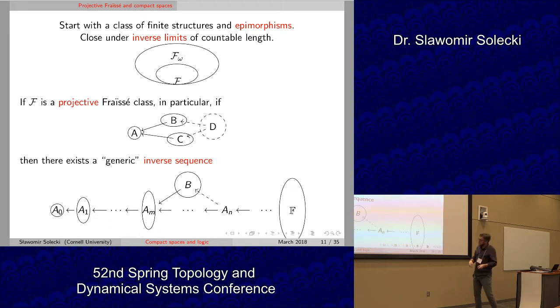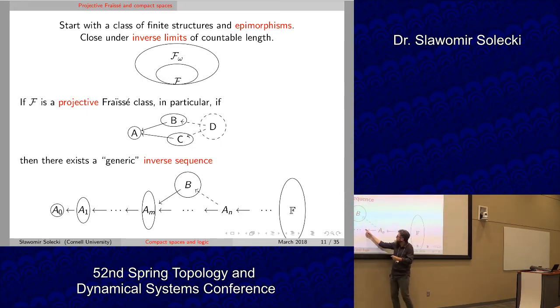And then I am able to construct, just like Fraïssé did, as we did with a student of mine, Erwin, a generic sequence inside of this F. Generic sequence means: assume you've constructed the sequence up to n, somewhere in the middle, and then a structure B is presented to you with an epimorphism coming to a structure that precedes the last one, maybe your last structure, but maybe some earlier structure.